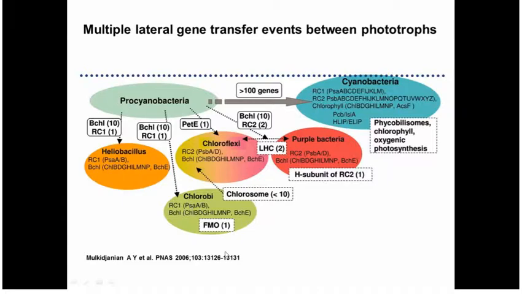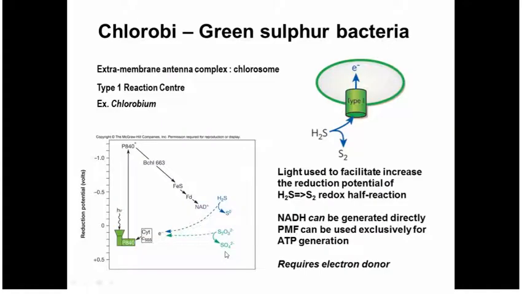So chlorobi are green sulfur bacteria. They have a type 1 reaction center. Light is harvested by an extracellular structure called the chlorosome, and a typical genus of chlorobi is Chlorobium. So what is happening here?